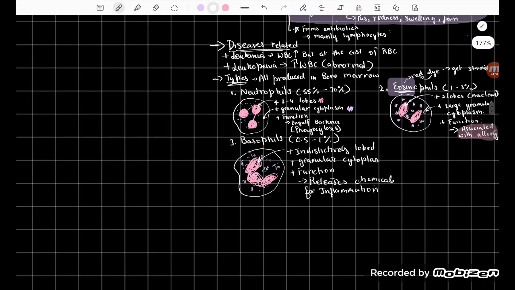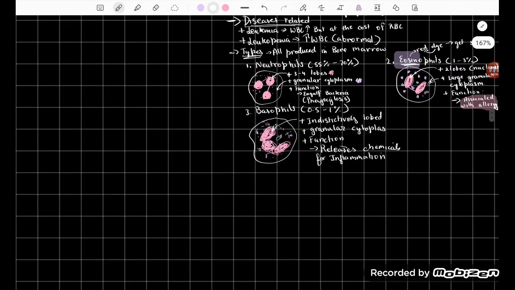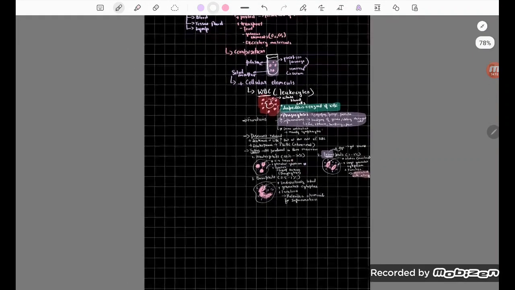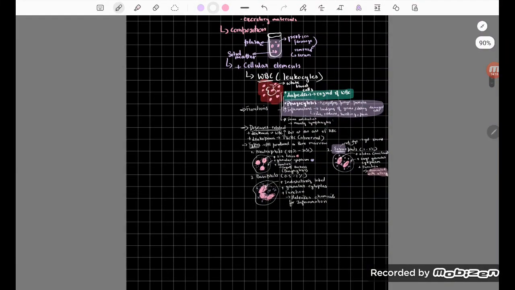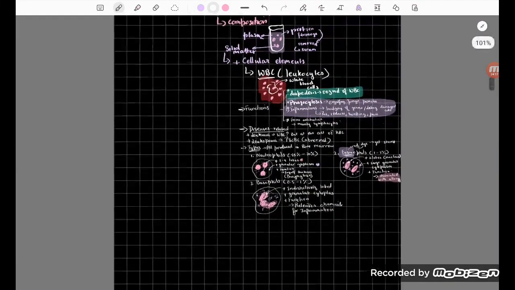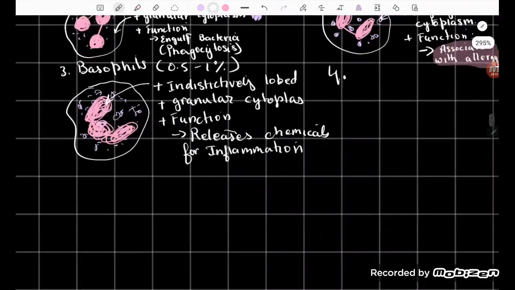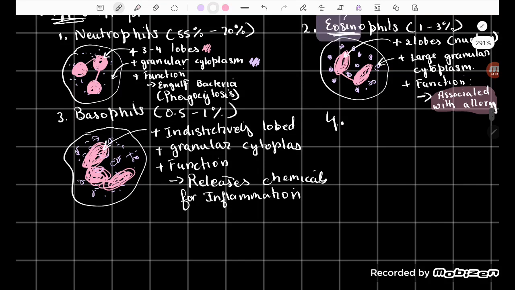Then the fourth and fifth ones. The fourth one is lymphocytes. Here's a bit of a change: this is a non-granular one, and it's the smallest.